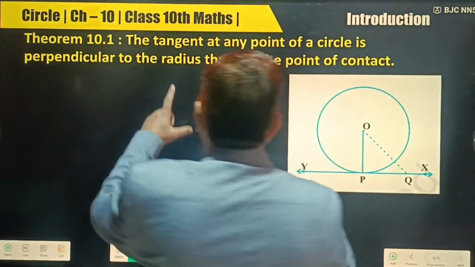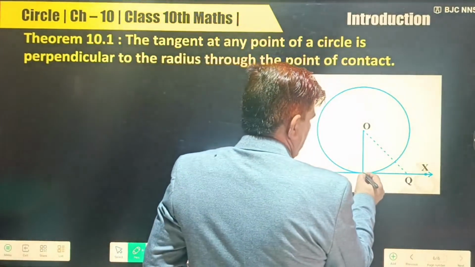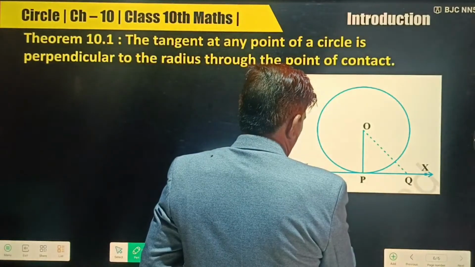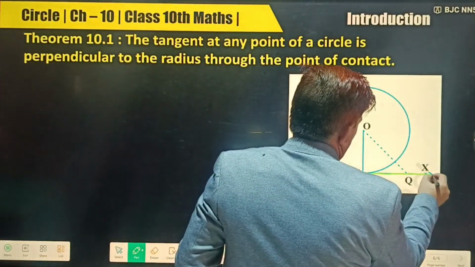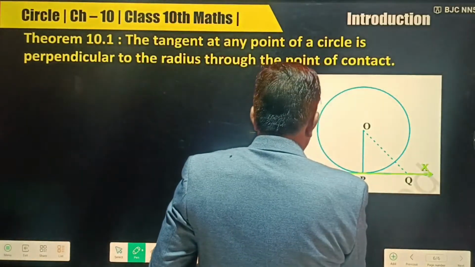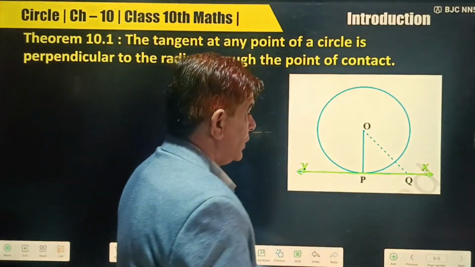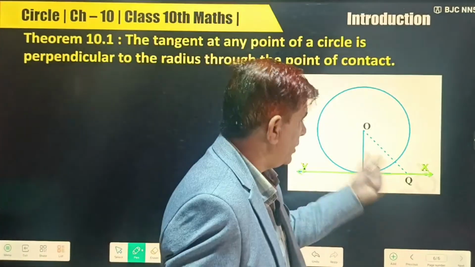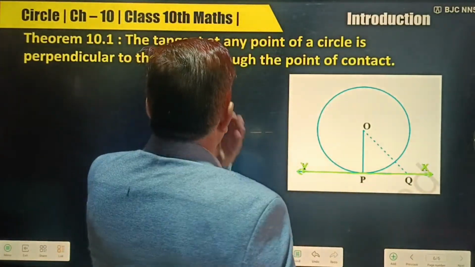So saying the tangent at any point of the circle, like this point P. Here this is a ray. What is this line? XY. XY is a line which touches the circle at point P.